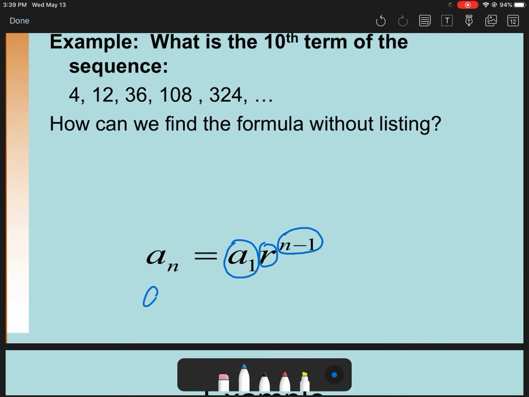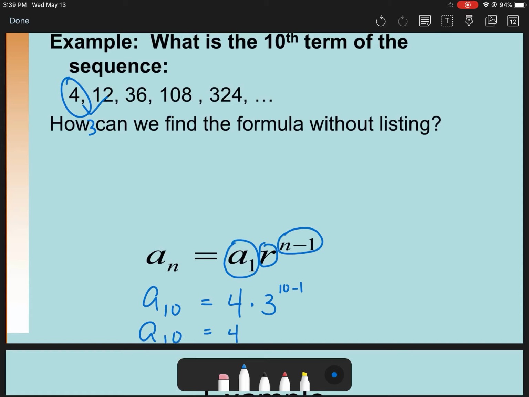So here we're looking for the 10th term. We're going to pop in the first term. We need to know what the ratio is. 4 times 3 is 12, so the ratio is 3. And remember, n stands for the term that we're looking for, so it's 10 minus 1.